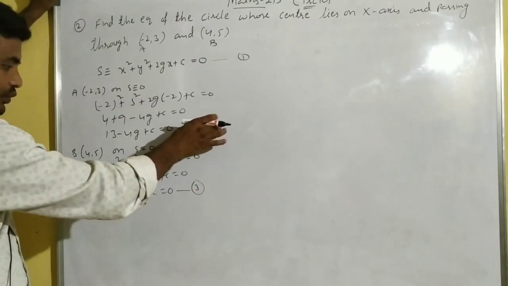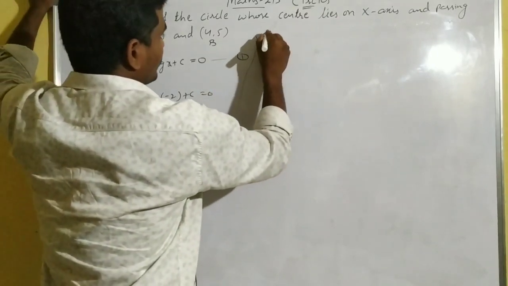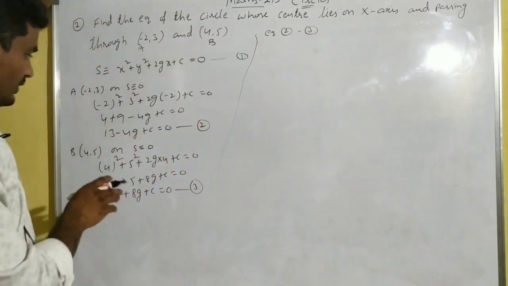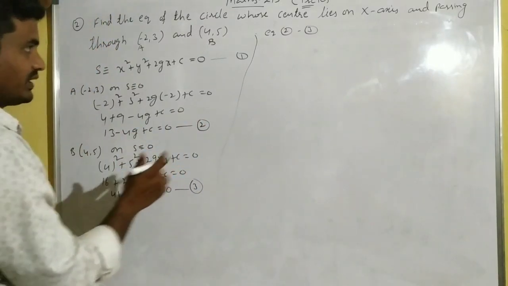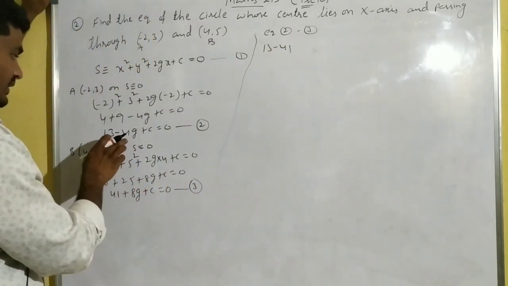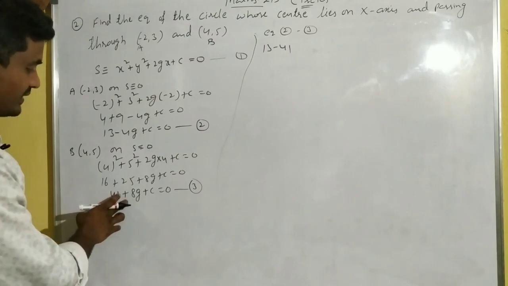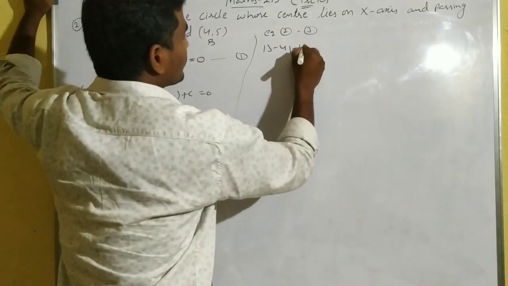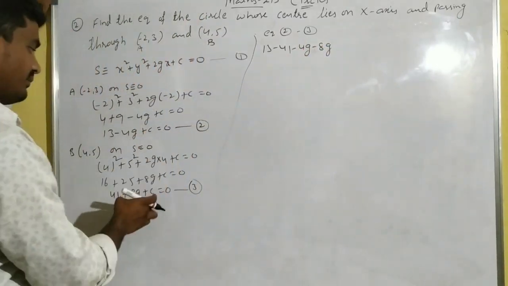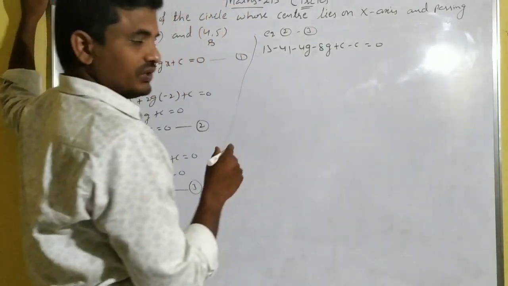And when you do 2 minus 3, equation 2 minus equation 3, I am taking here equation 2, 13 minus 41. Next here is minus 4g and here we are doing minus, so that minus 8g, minus 4g minus 8g plus c minus c equals 0.